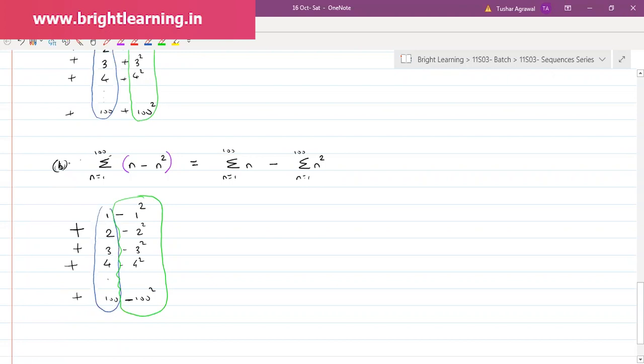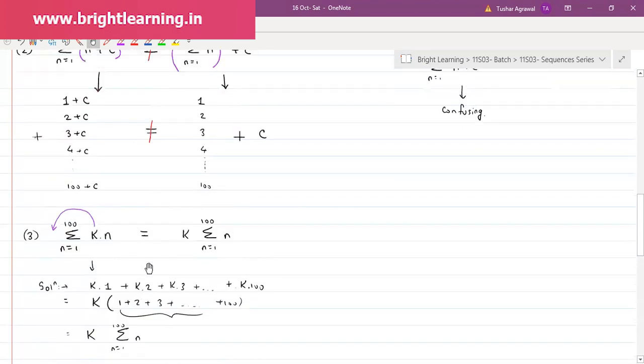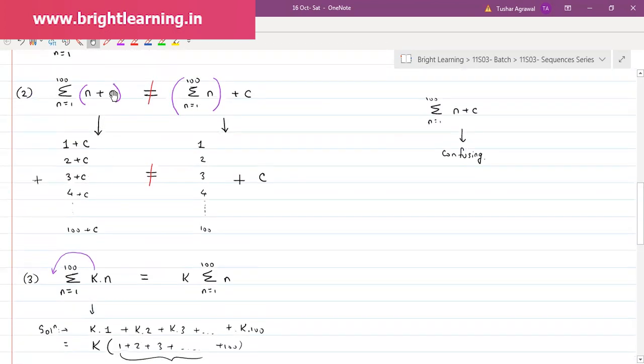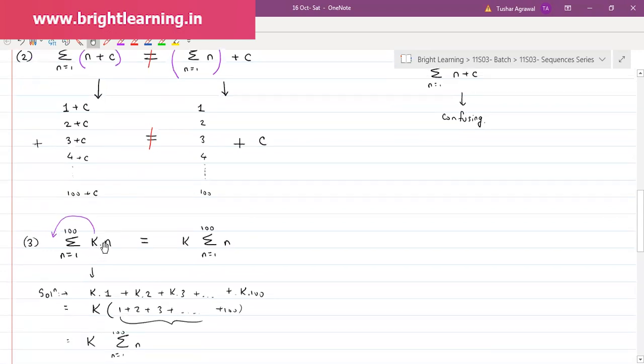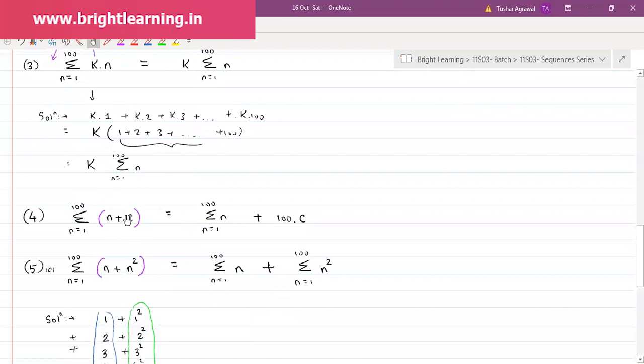Yes, sir. So combining all these properties now, all the 5 properties that we saw: constant added inside, constant multiplied inside, the combination of addition of 2 terms, subtraction of 2 terms.